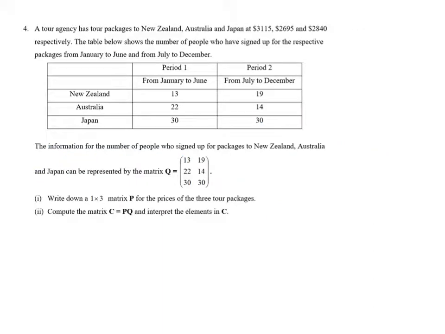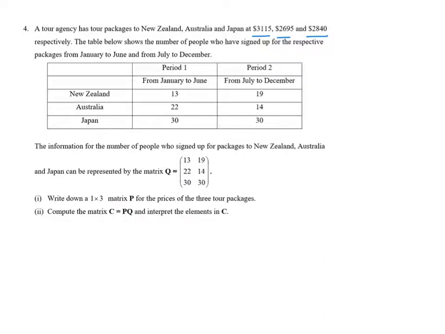Question number 4. A tour agency has tour packages to New Zealand, Australia and Japan at the prices $3,115, $2,695, and $2,840 respectively.